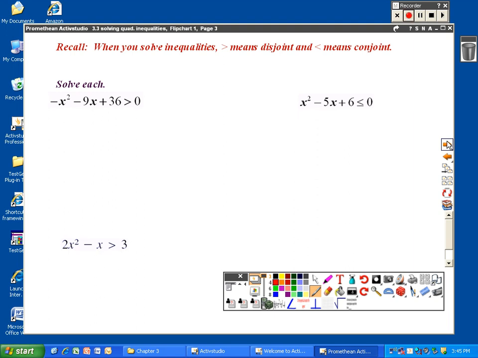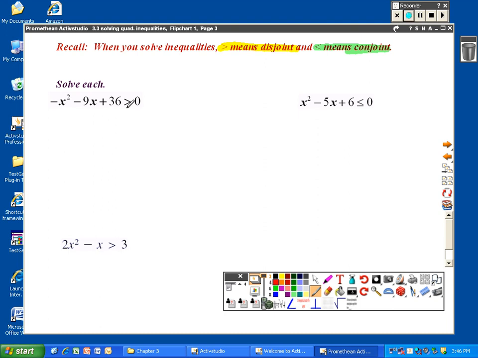Remember when you're solving inequalities that greater than means disjoint and less than means conjoint. And this will work when you're doing your algebra and you make sure your variables always stay on the left side of the inequality.